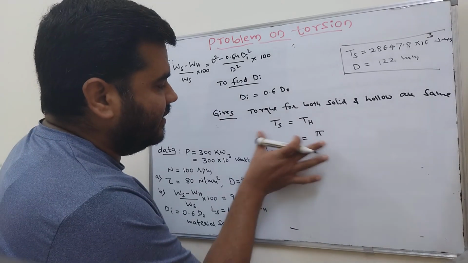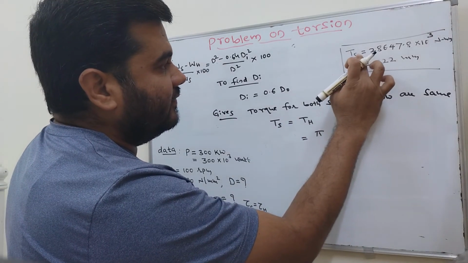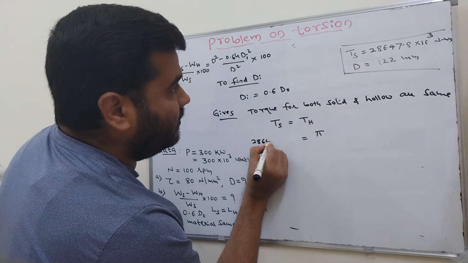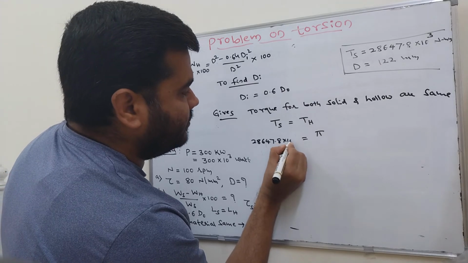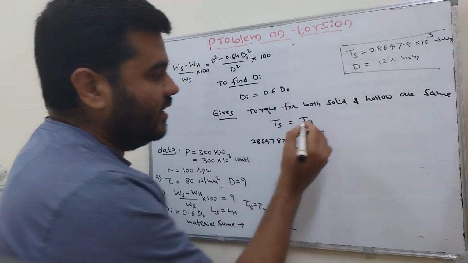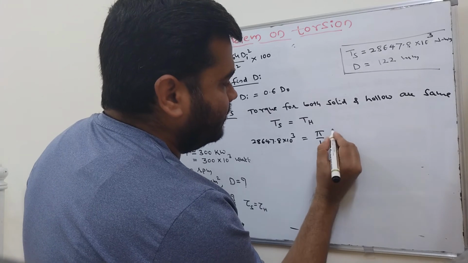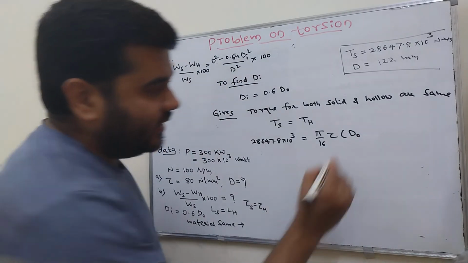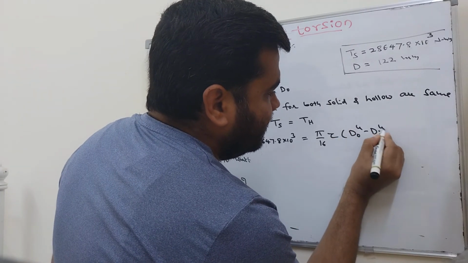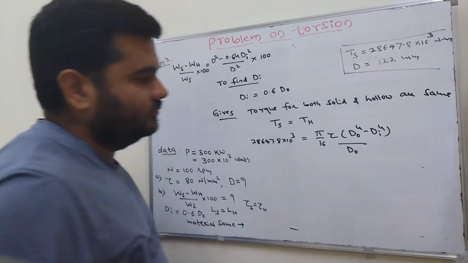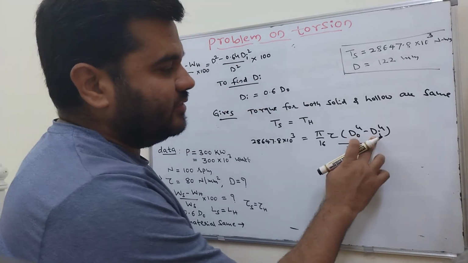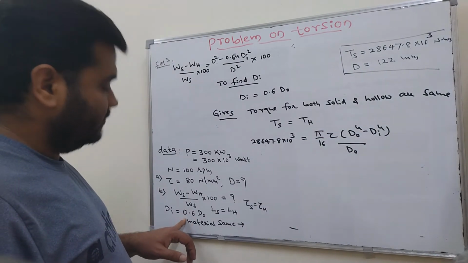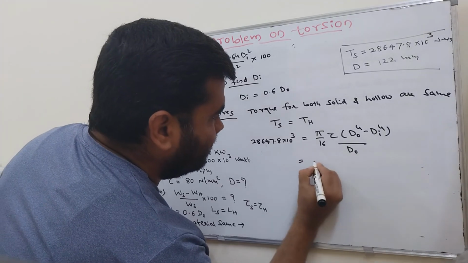We already calculated the torque of solid here. We can substitute the value: 2864 7.8 into 10 raised to 3, equal to pi by 16 into tau into d naught raised to 4 minus di raised to 4 divided by d naught. Here also we will substitute di in terms of d naught.